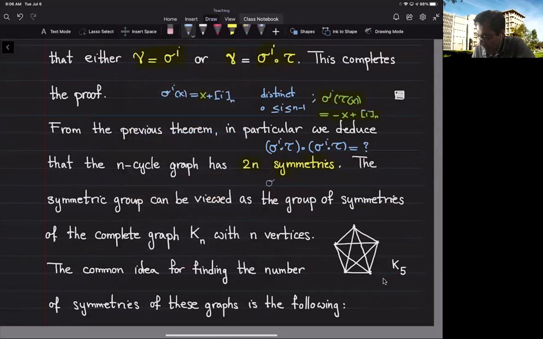So that means I need to apply this function to itself. Okay, so let's call this function f. So we are looking at f of x. That is f of negative x plus i.